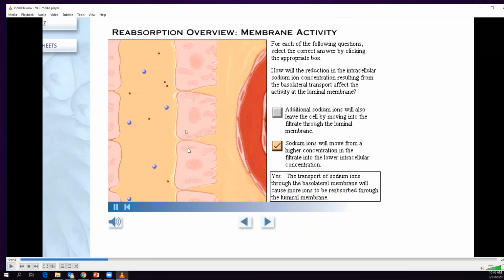Yay, exactly. So I pumped the sodium out. Josh said sodium and water. So I pumped the sodium out and then the water got reabsorbed. And then because I had less sodium in here, the sodium went too. So can I use this sodium transport for something else? Yes, I can. Let's take a look.